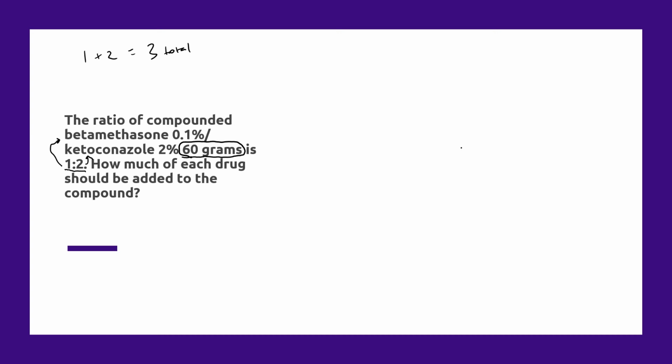And you take the ratio of each individual ingredient in terms of total parts and multiply it by that total weight or volume. So betamethasone is 1 part out of 3 total parts, times 60 grams.